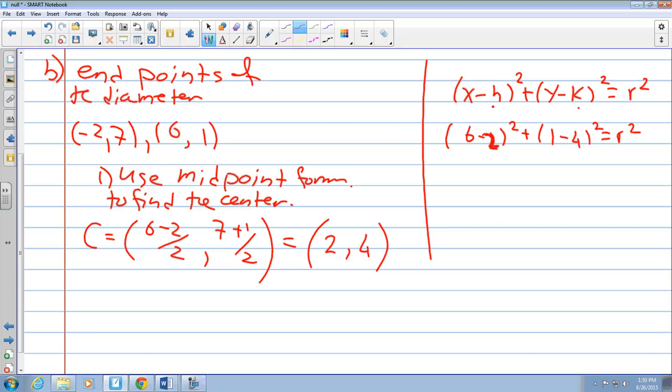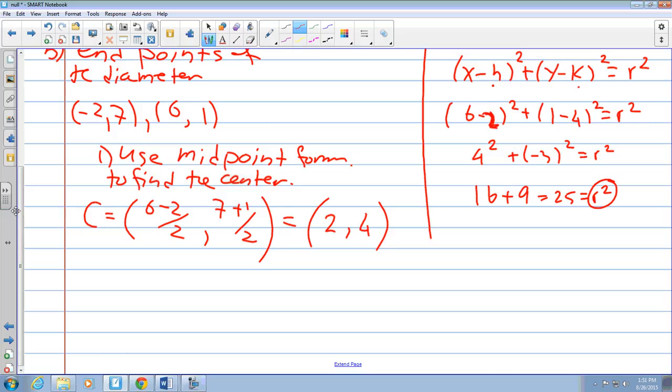So 4 squared plus negative 3 squared equals r squared. Wow. So it's 16 plus 9, 25, and that's the r squared, right? Even if it wasn't that pretty, it will still be okay, because I'm solving for r squared. Never ask you what the radius was.